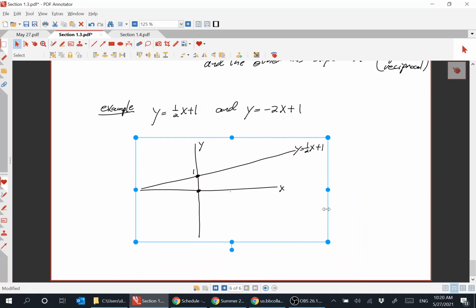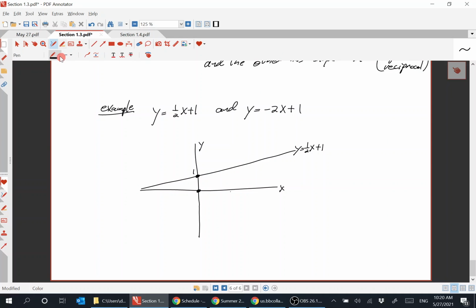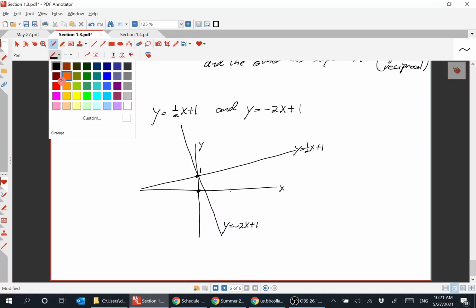Now the negative reciprocal of that slope is negative 2. It's going to have the same y-intercept, and they're going to meet at a 90-degree angle. So this is y equals minus 2x plus 1. And that angle there is square.